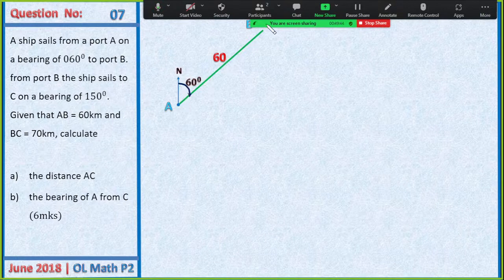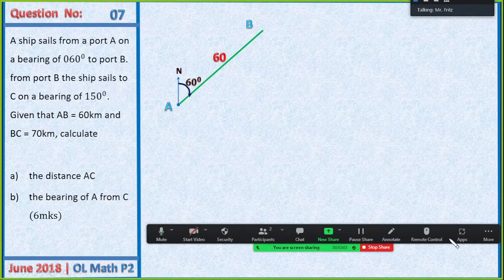It moves from A to B, and the total distance AB is 60 kilometers. Now the question continues by saying that from this point B, the ship sails on a bearing of 150 to point C. So from B, I'll put another north line to indicate north again.